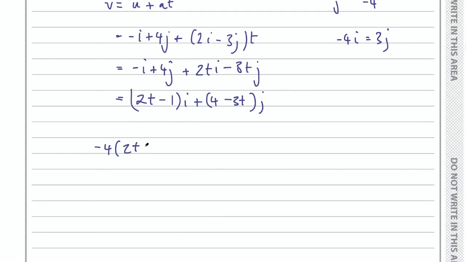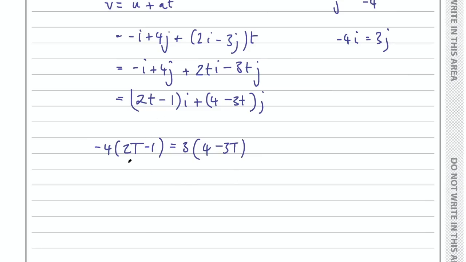So negative 4 times 2t take 1, and that's going to equal 3 times the coefficient of j. So 3 times 4 take 3t. And now I have an equation that I can solve for T, and I should be using a large T here because this only holds at time equal to T, capital T seconds.